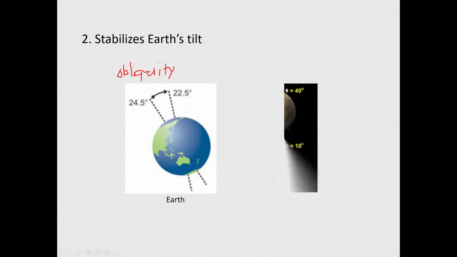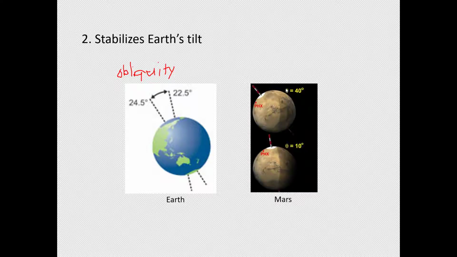Mars, for example, has no moon. And on Mars, the obliquity varies tremendously. The tilt of Mars can vary from 10 degrees to 40 degrees, which would have huge variations in climate. So the stabilization of Earth's tilt helps to stabilize Earth's climate as well, which makes life on Earth just tremendously more predictable.